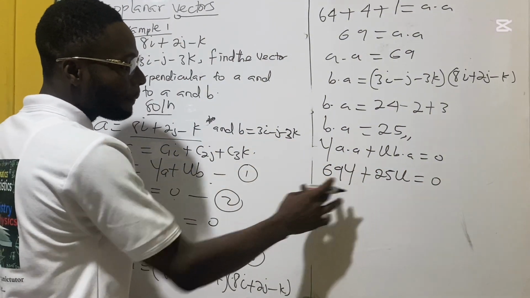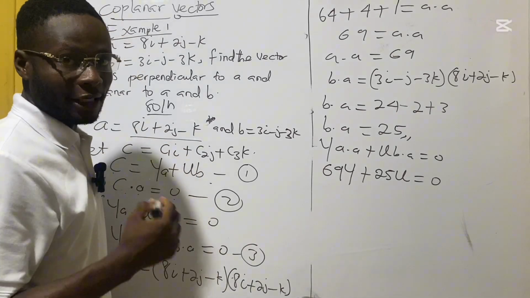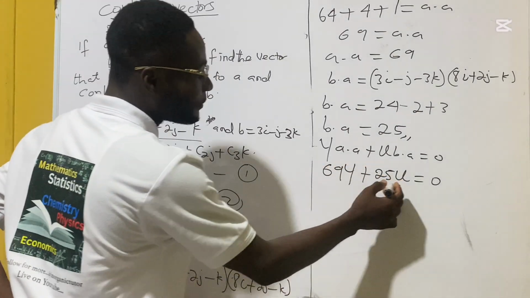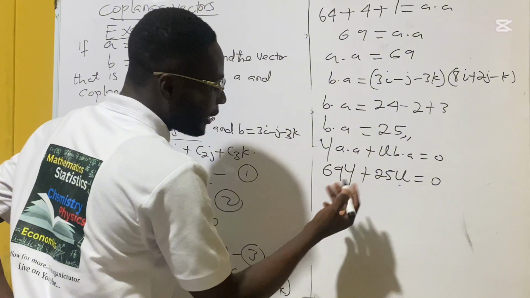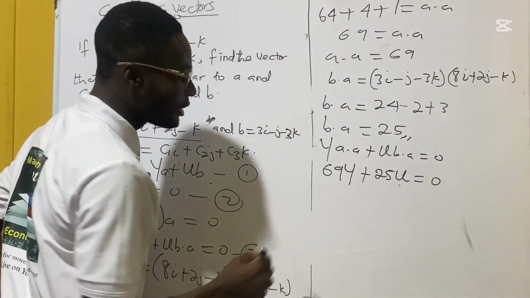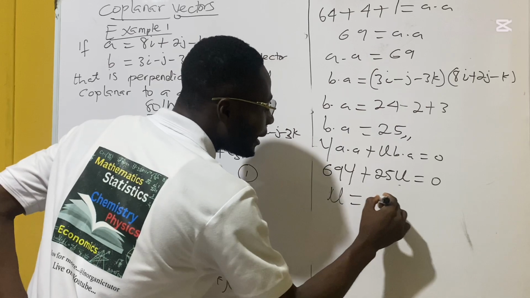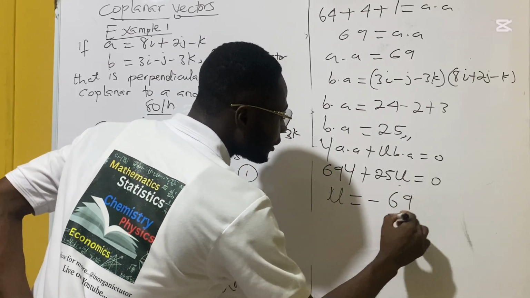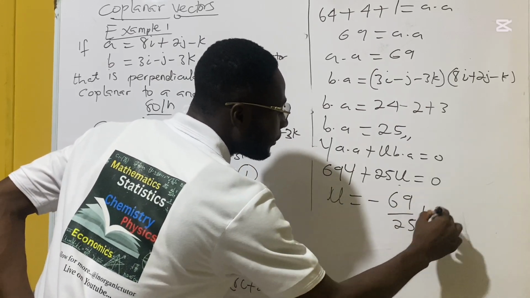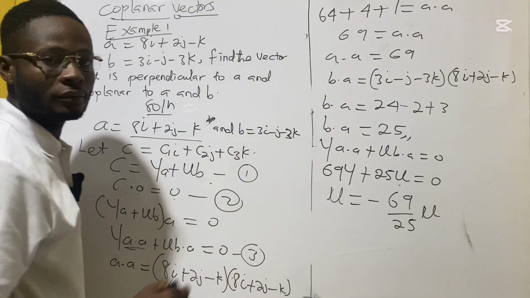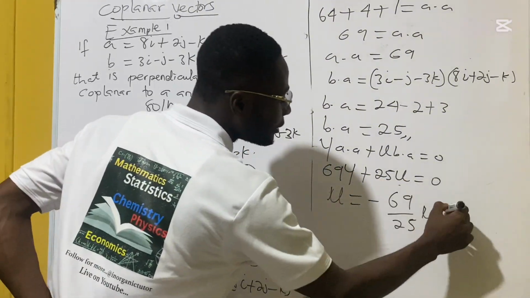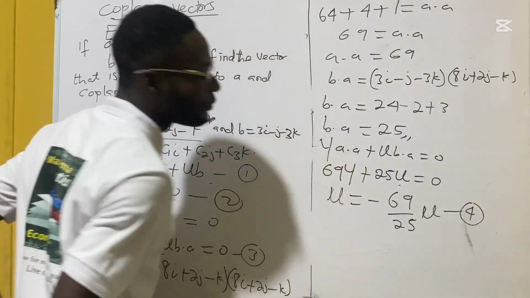So basically we can make gamma the subject. Making gamma the subject, we have gamma equals minus 25 over 69 mu. Let's consider this as equation 4.